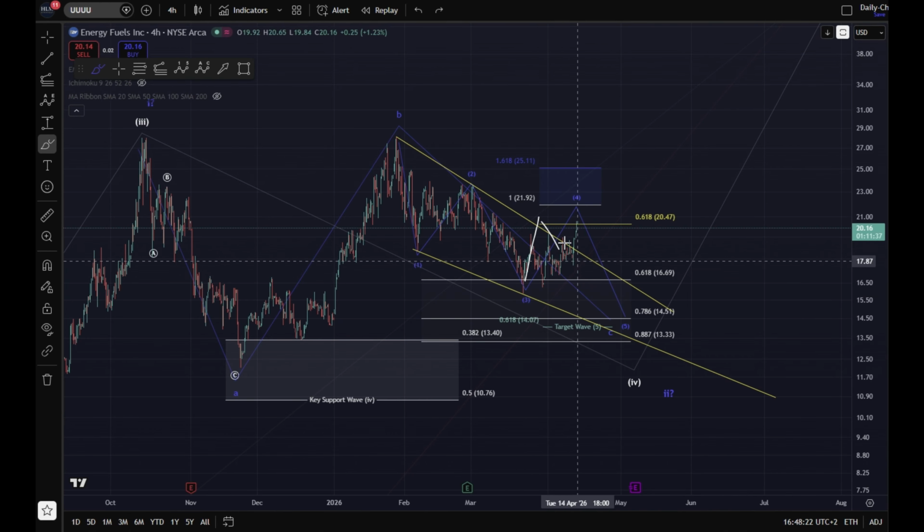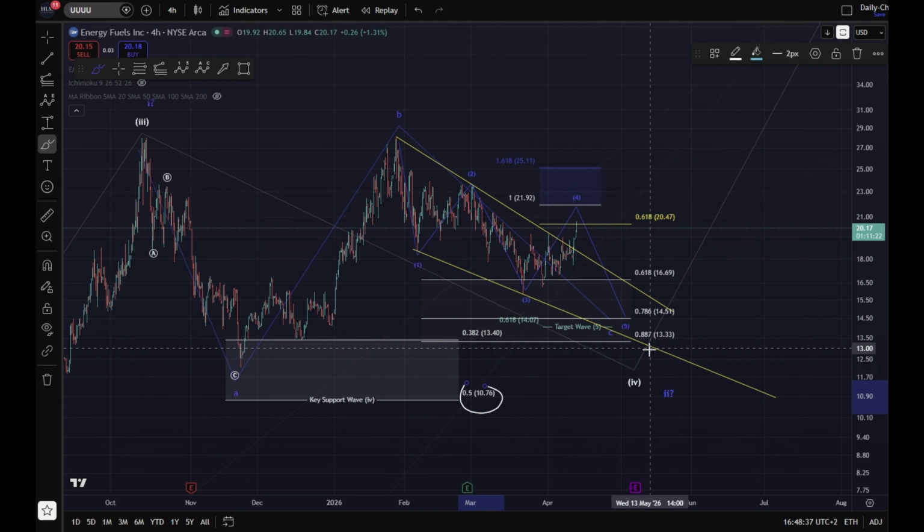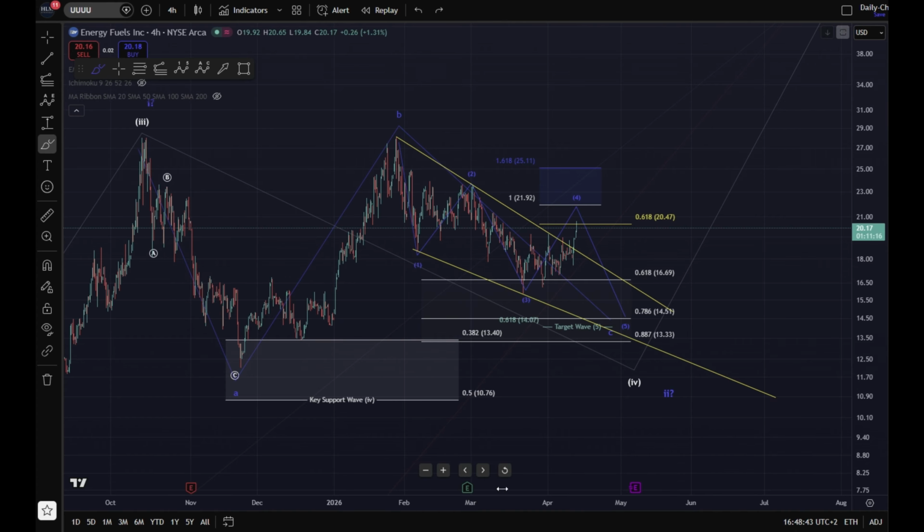But this here is getting more messy, and therefore I'm looking here for a more complex correction. What I told you, a WXY maybe. But overall, as long as we hold above the $10.76, I'm looking for higher prices here. And yeah, what else?